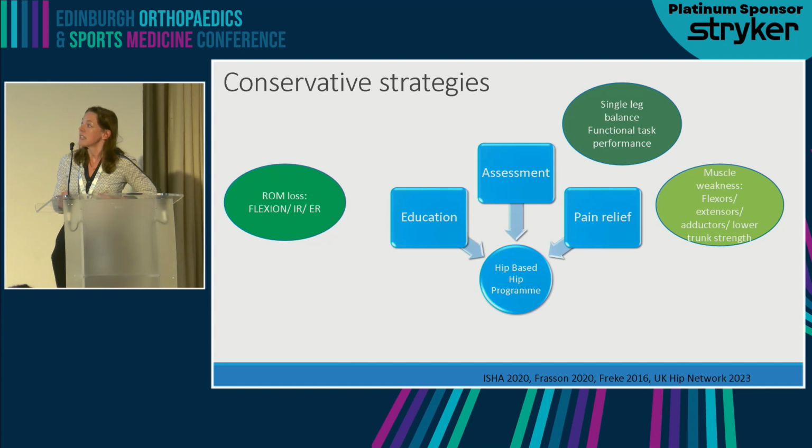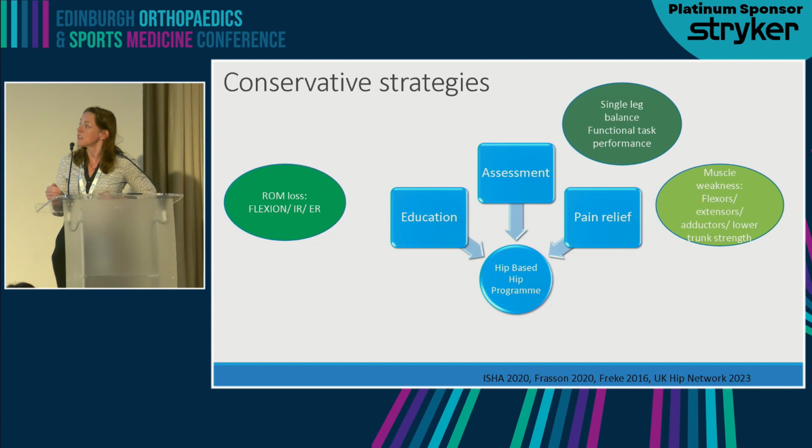And so the ISHA consensus talks about an assessment of the patients, which will probably include some of those things we've just talked about. Pain relief, obviously, just to get symptoms under control and to be able to engage with rehab, and education, so educating about movement patterns and how to not flare up that joint in order to maximise treatment.